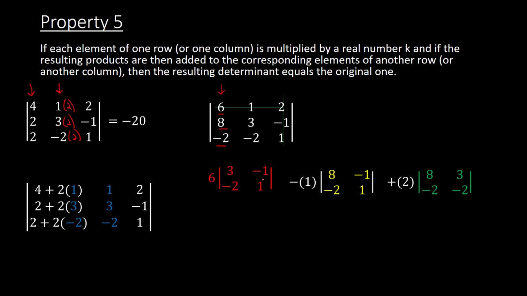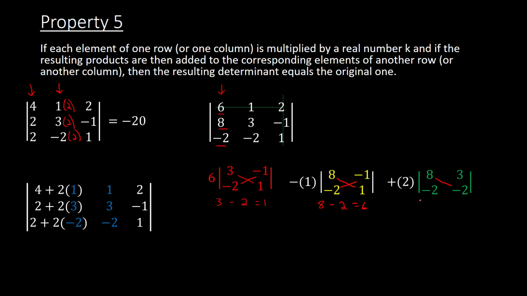So from here, we can find the determinant of each of these three matrices. 3 times 1, we have 3. -2 times -1 is +2. So we have 3 minus 2 equals 1. Next matrix, same thing. 8 times 1 gives me 8. -2 times -1 gives me a +2. So we have 8 minus that +2 equals 6.